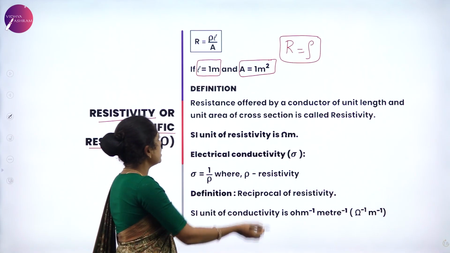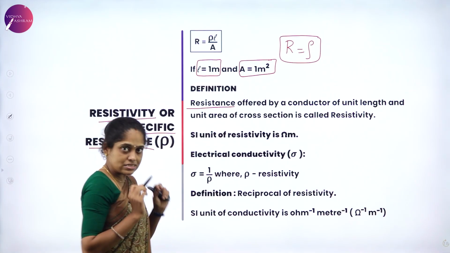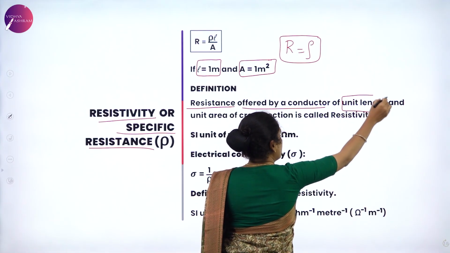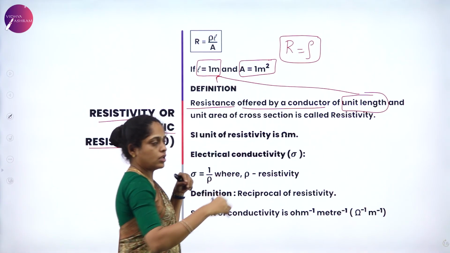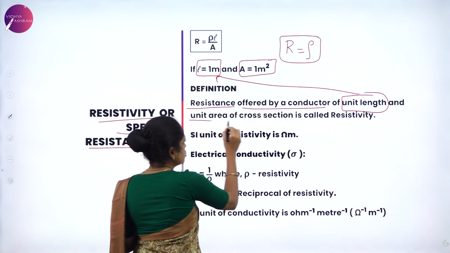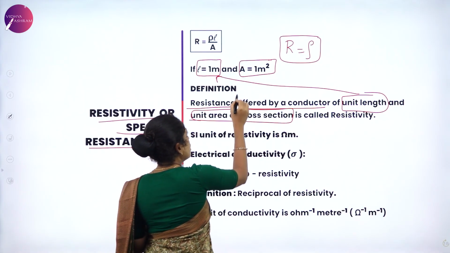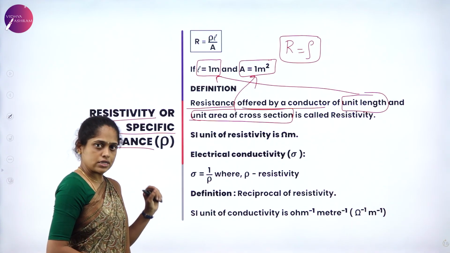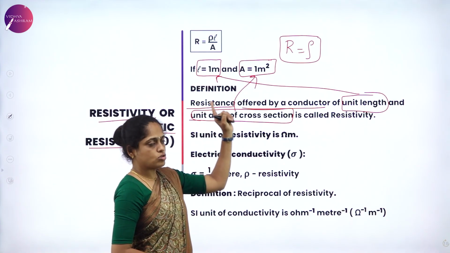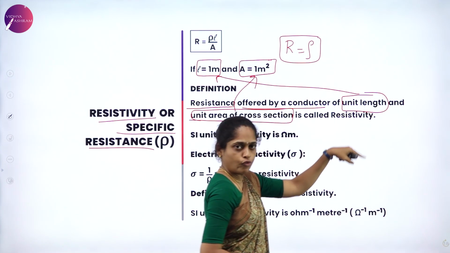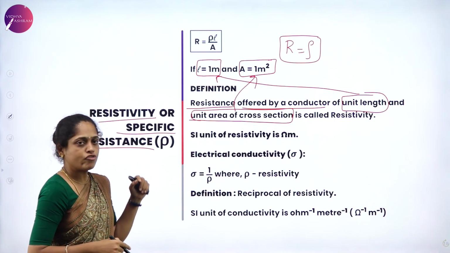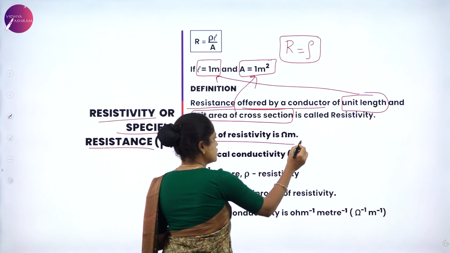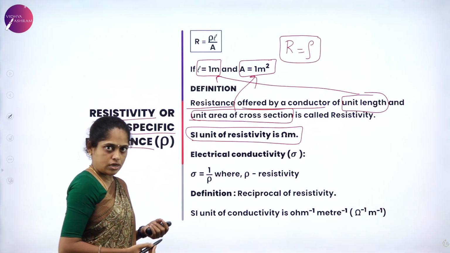So, resistivity is nothing but the resistance offered by a conductor of unit length and unit area of cross section. The SI unit of resistivity is ohm meter.